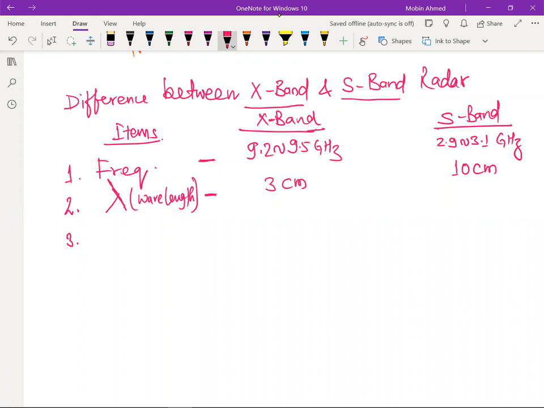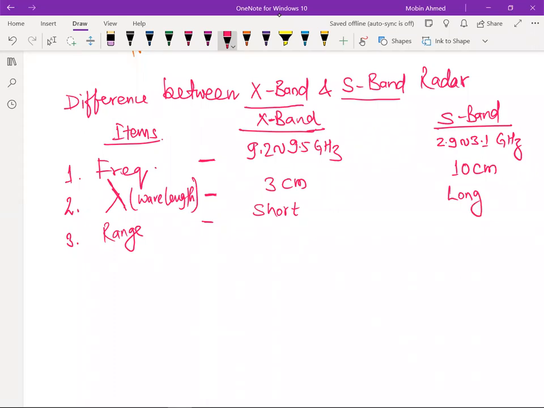Third is range. Now, if you have a high frequency, then you are going to have a short range. So this depends upon the frequency again. Range is going to be short here, and here the range is going to be long.